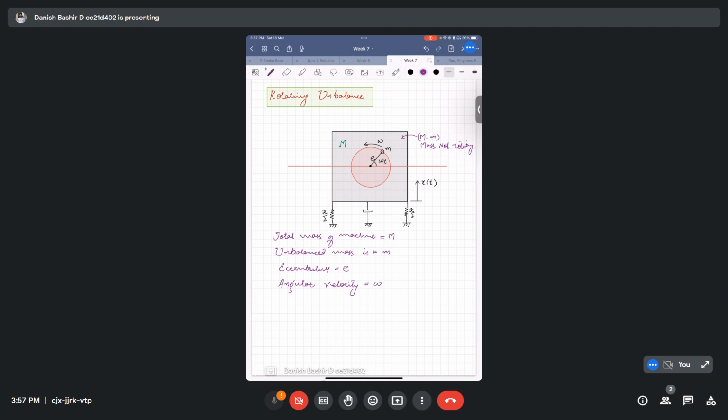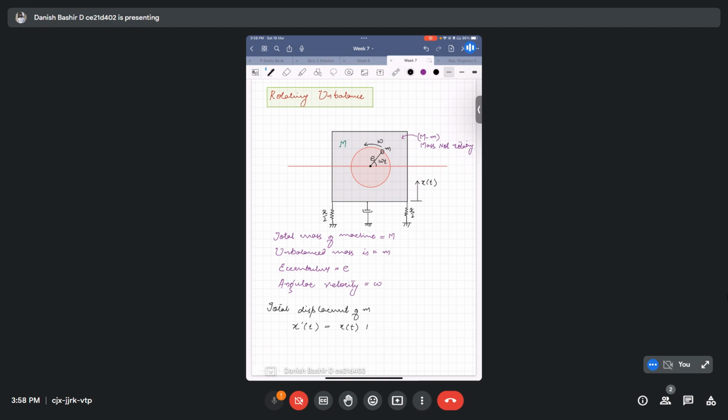So we can have the total displacement that this small mass at any time will have. Displacement of m will be x dash of t. It will be equal to, first it will be having some global displacement, that's x of t. As the mass rotates, this whole machine is having some time varying displacement x of t.